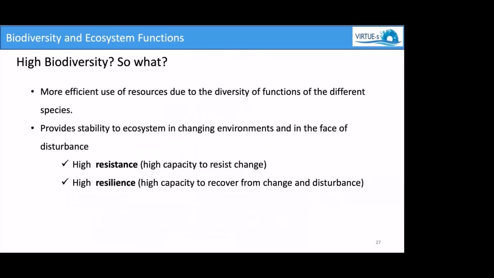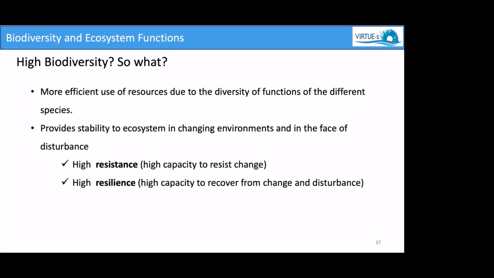So why is biodiversity actually important? Everybody's talking about biodiversity. So what? The biodiversity is high, you have to maintain biodiversity. But why is it important to maintain a high biodiversity?